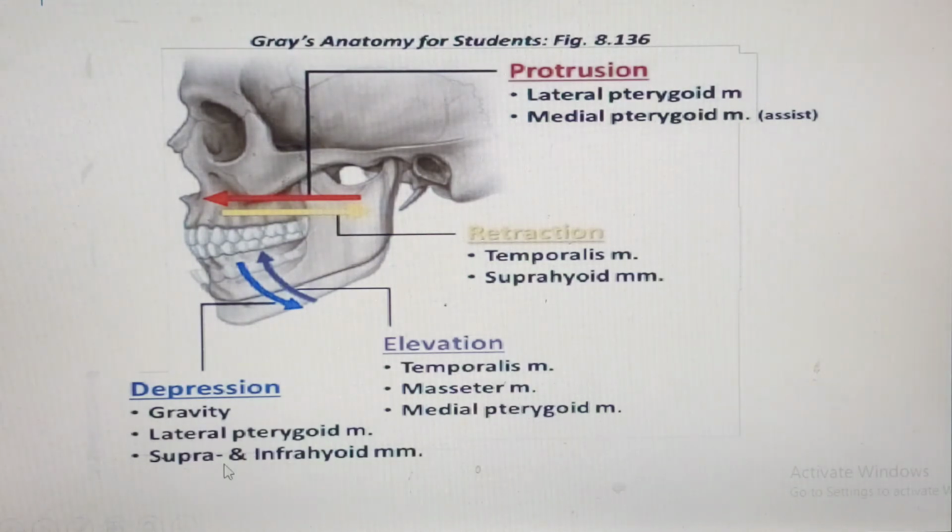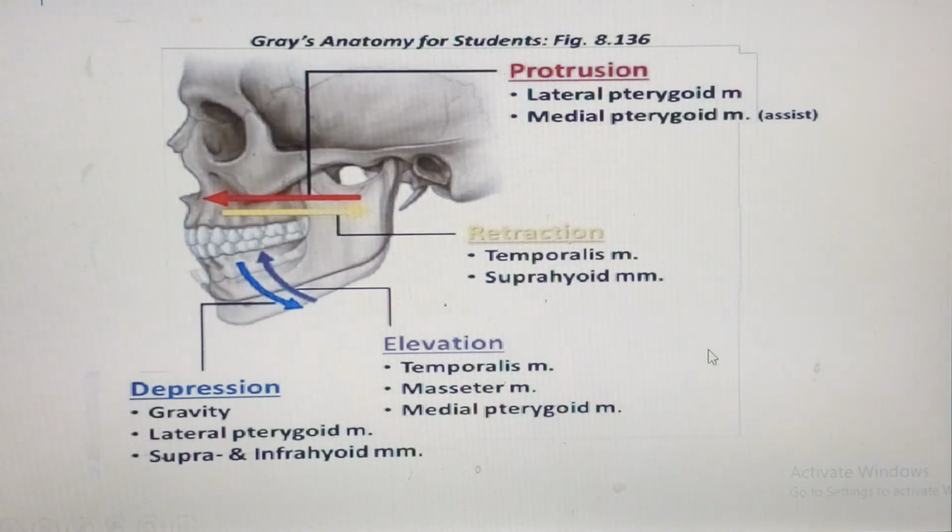Apart from that, gravity also helps, as well as the suprahyoid muscles and of course the strap muscles, the infrahyoid muscles. I've also told you that in chewing there is a side-to-side movement at the temporomandibular joint, and that is by both the medial and lateral pterygoid muscles. All of these muscles are supplied by the mandibular nerve.